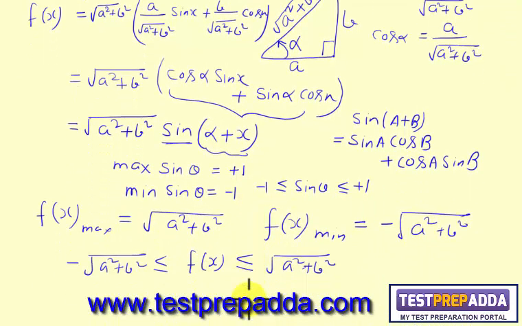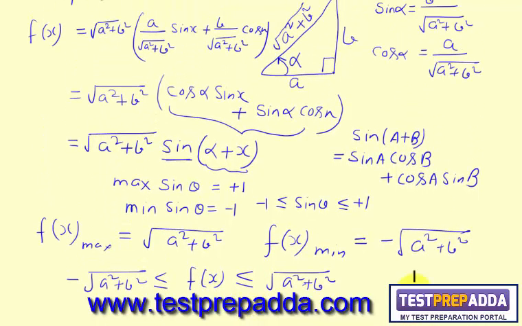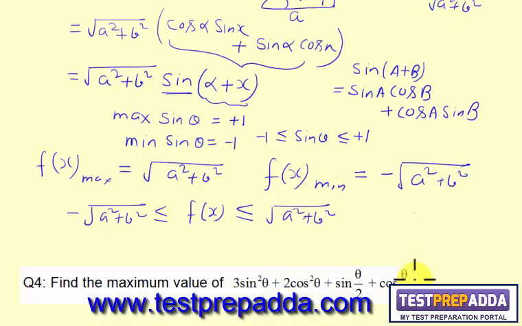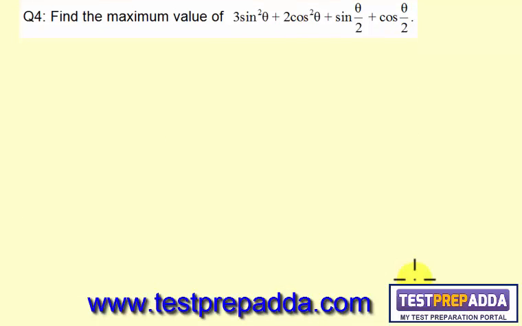Now, I'll take another question here. The next question is question number 4. Here the question says, find the maximum value of 3 sin square theta plus 2 cos square theta plus sin theta by 2 plus cos theta by 2.